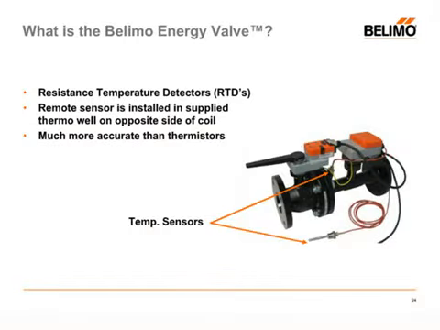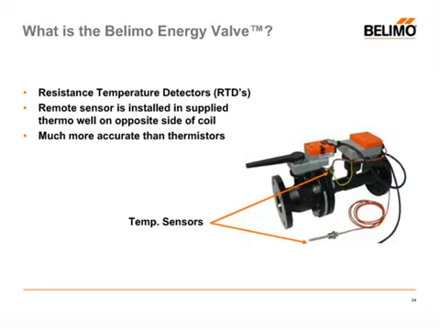So now we'll talk about the temperature sensors. The temperature sensors themselves are RTD, resistance temperature detector design. They're supplied in a thermal well. The thermal well is installed on the opposite side of the coil. They're platinum-based sensors. They're much more accurate than thermistors.